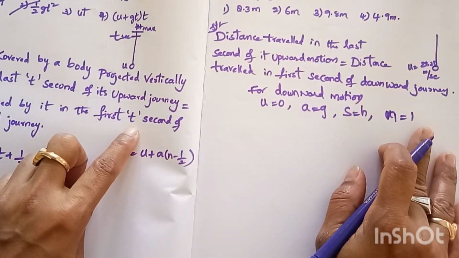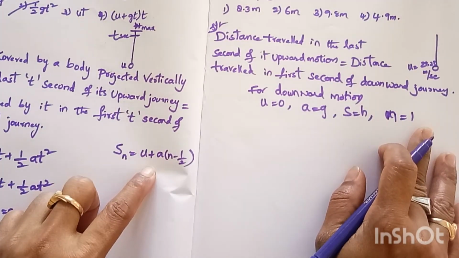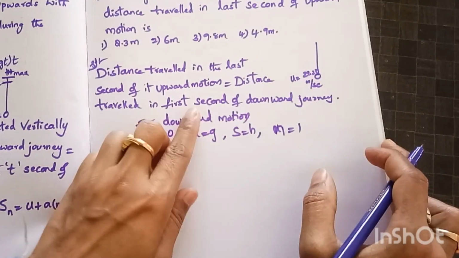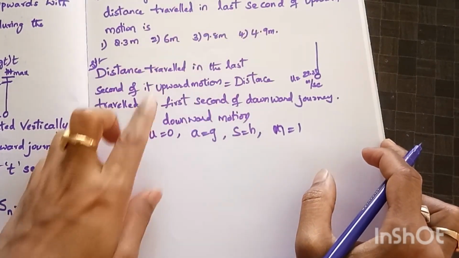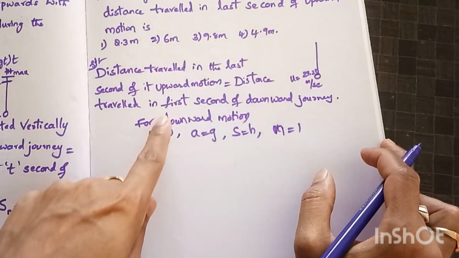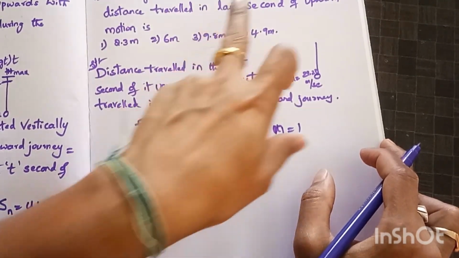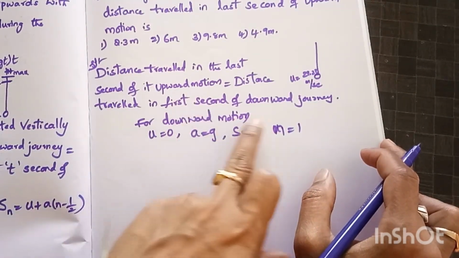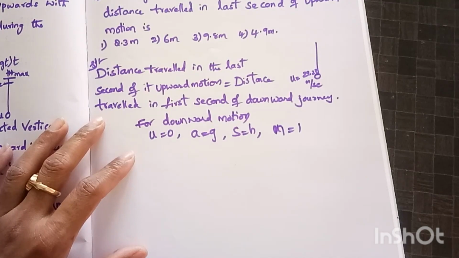If they had said first t seconds, we couldn't take this formula and would use S equals ut plus half at square. But they said last second, so we can take first second of its downward motion.